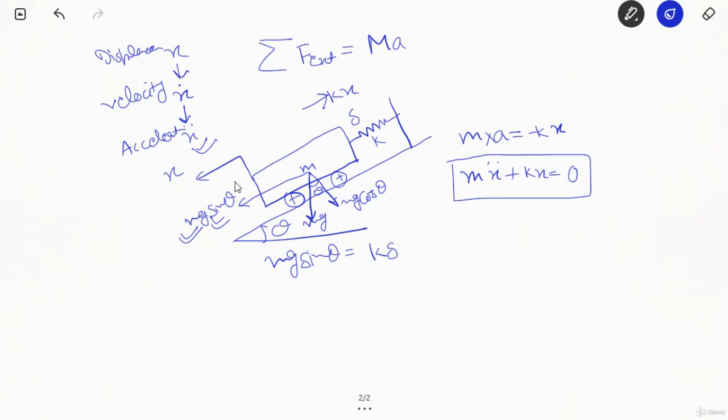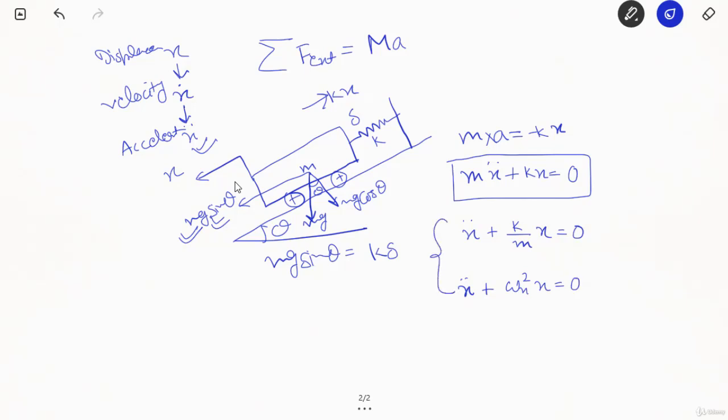Now, how can we get the natural frequency from this equation, right? We need to write this equation in this form: x double dot plus k divided by m into x is equal to 0. The standard equation of this vibrational aspect is x double dot plus omega n square into x is equal to 0.